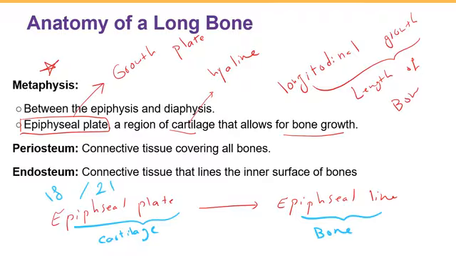So if you're above 18 as a girl, or above 21 as a boy, there is no hope that you can grow in your length. Okay, that's all because your growth plate, your epiphyseal plate, becomes bony, and then you cannot grow in length anymore. Okay, that was regarding the metaphysis.